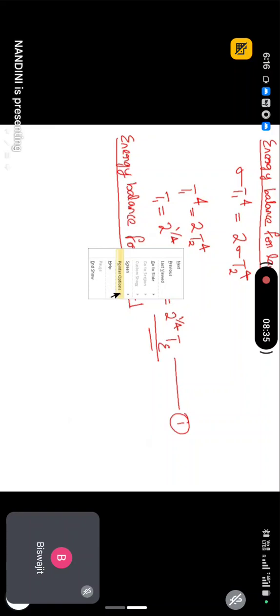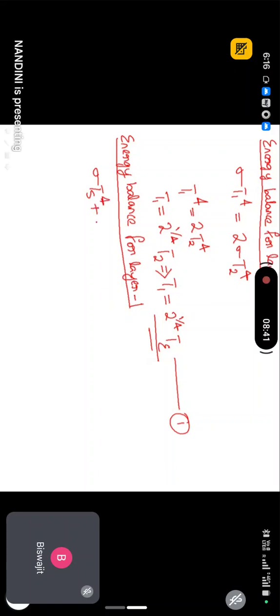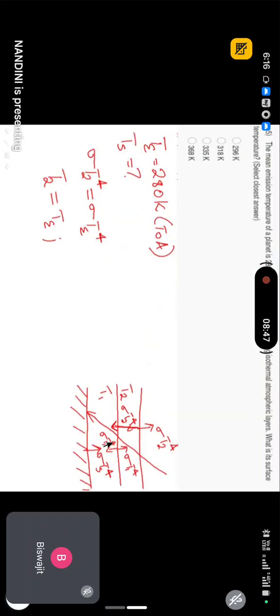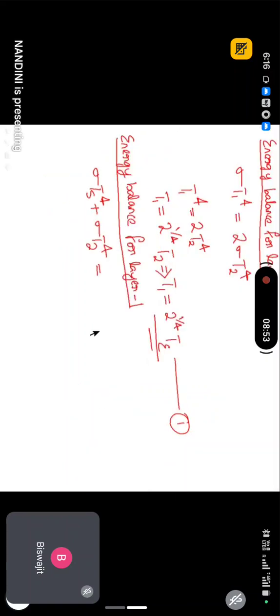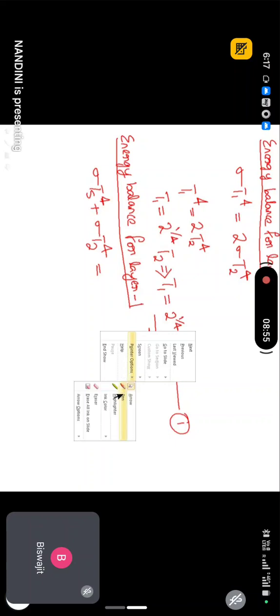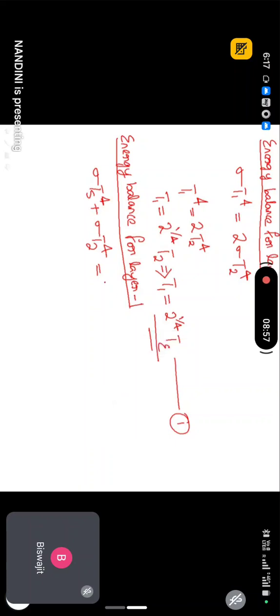So we can write sigma Ts raised to 4 plus sigma T2 raised to 4 is equal to, and the radiation the layer is emitting is sigma T1 raised to 4 in both the directions, which is 2 sigma T1 raised to 4.